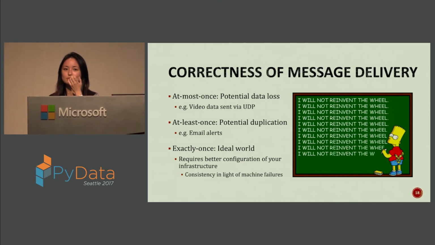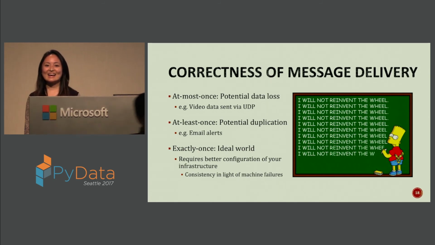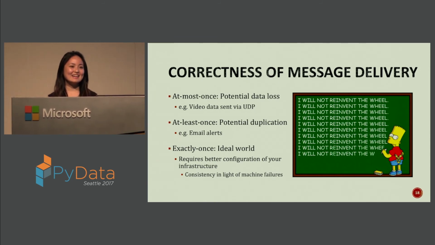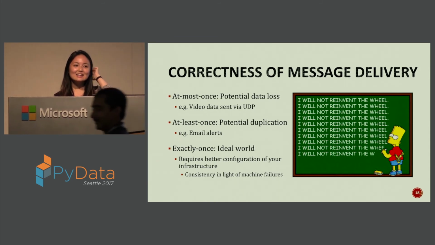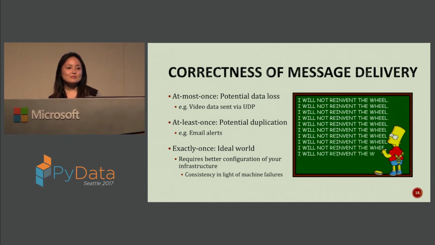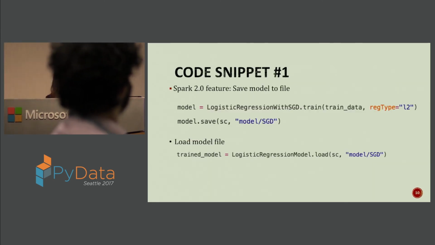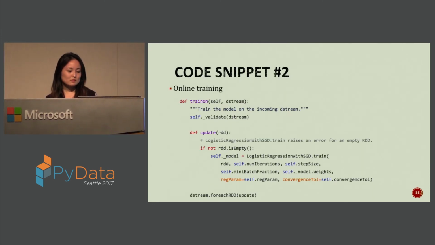Any other questions? Regarding the online training, you mentioned only certain algorithms support online training right now. I see in your example, if I recall correctly, it's logistic regression or something, right?